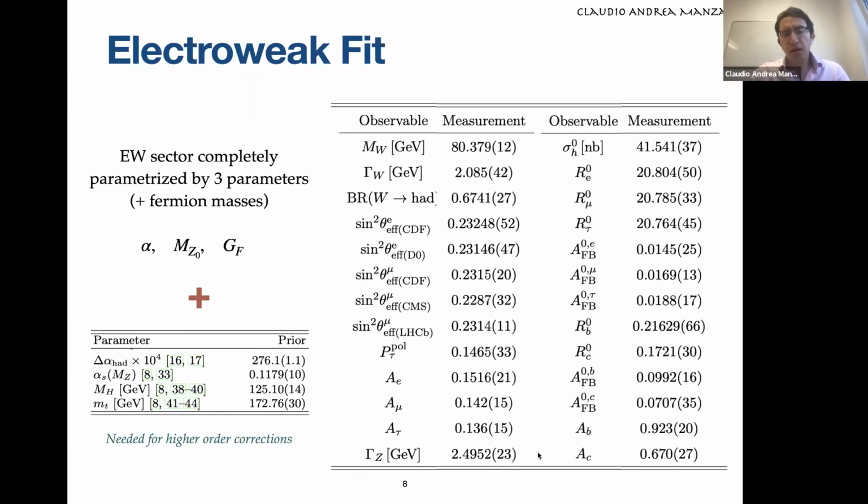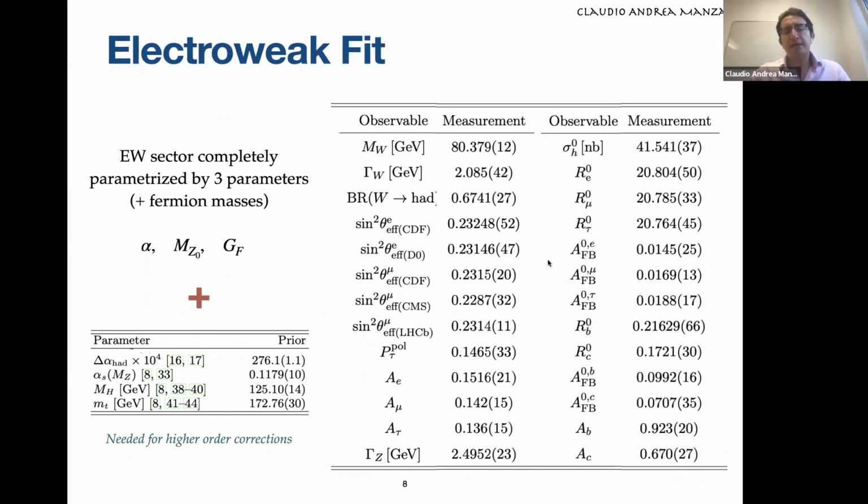And overall, till the beginning of this year, the Electroweak Fit showed a very good agreement between theoretical prediction and experimental measurements. There were already a couple of tensions, in particular in MW, there was an order 2 sigma tension, as well as in AE and the forward-backward asymmetry of the electron also.